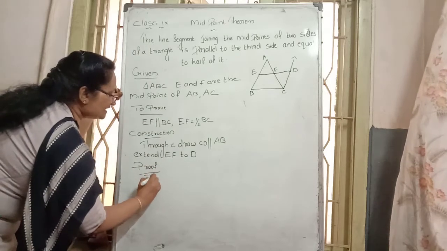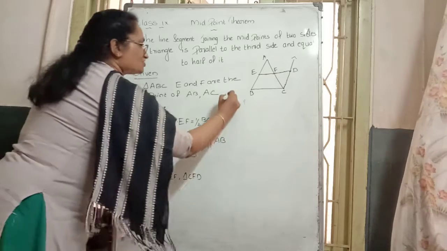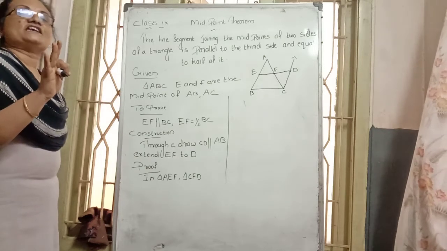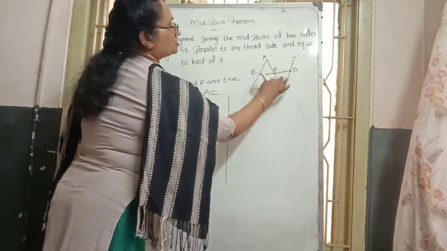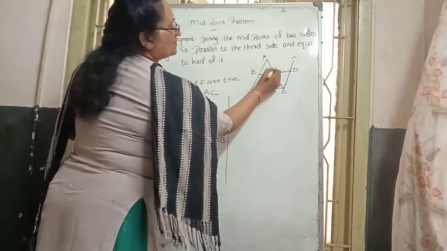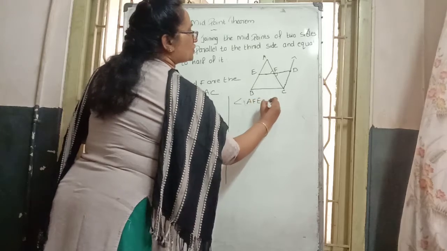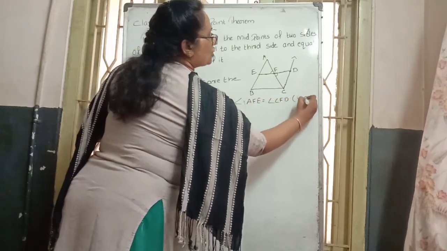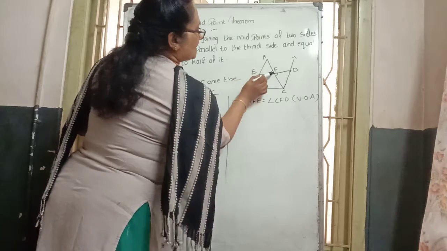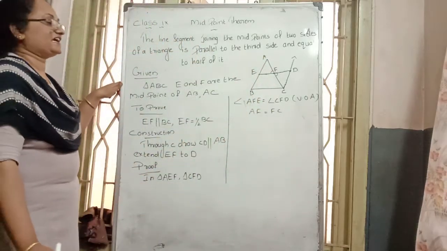So we consider triangle AEF and triangle CFD. If any three conditions apply, the two triangles become congruent. First, angle AFE is equal to angle CFD, because they are vertically opposite angles. Next, AF and FC are equal.